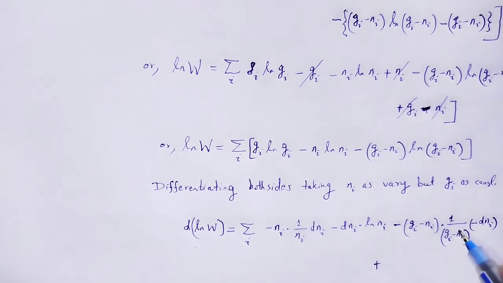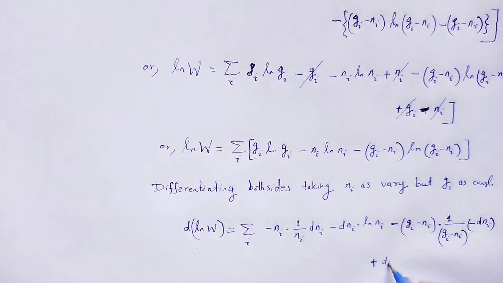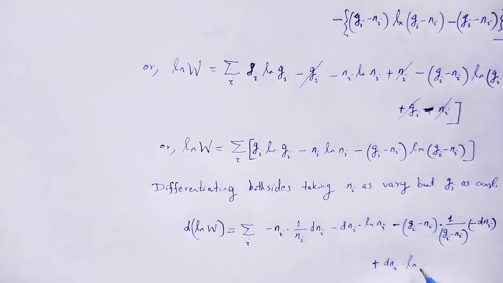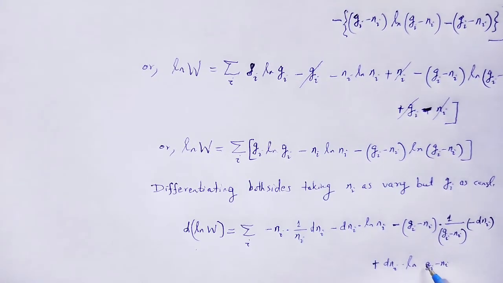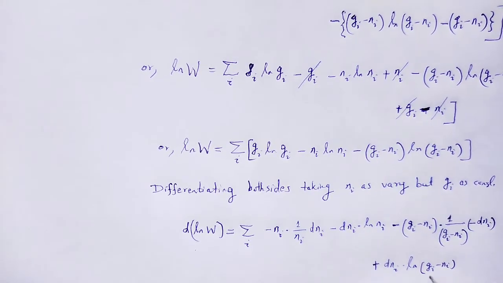Okay, next plus dNi, minus minus plus, so it is dNi, into ln (Gi minus Ni), differentiation of that term, with this term as constant.